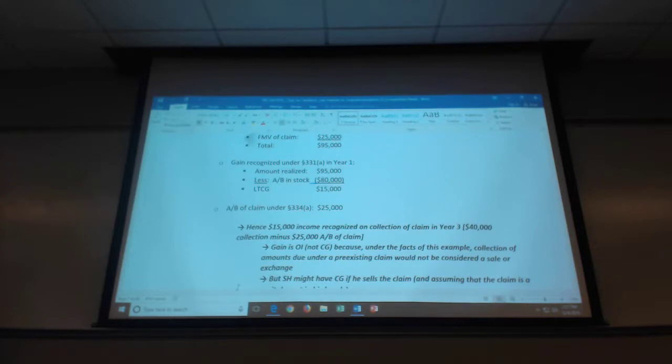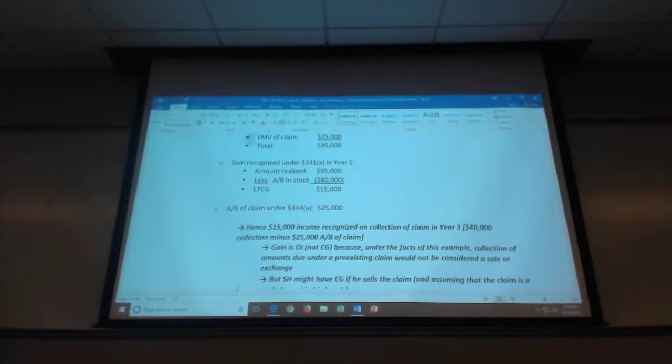Either you take the position that the open transaction doctrine applies, which would be available only if you really are not in a position to value the property right that's being distributed, in which case the shareholder would eventually have an amount realized if, as, and when those contingencies are resolved.